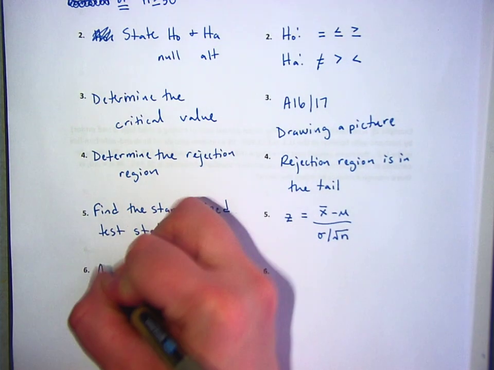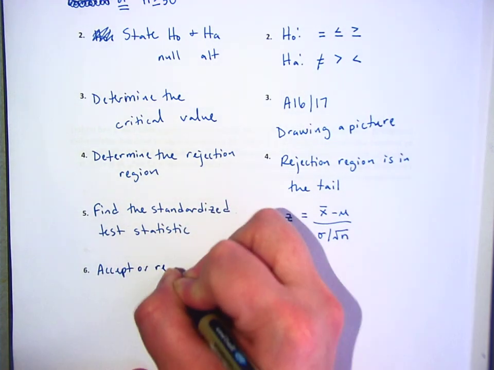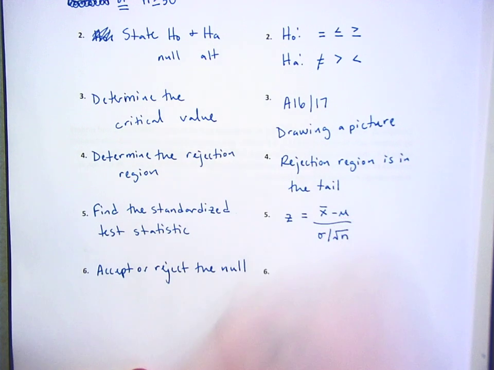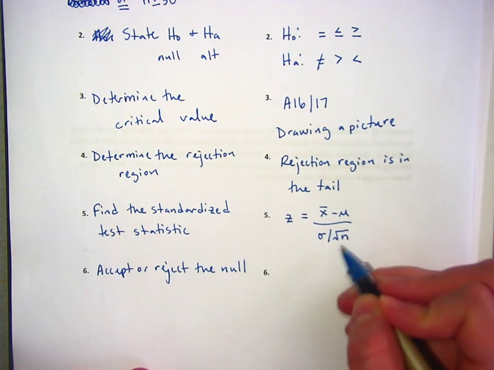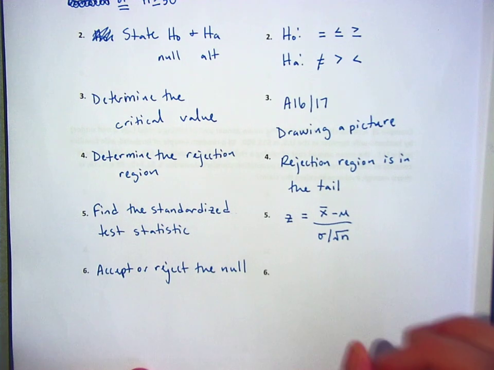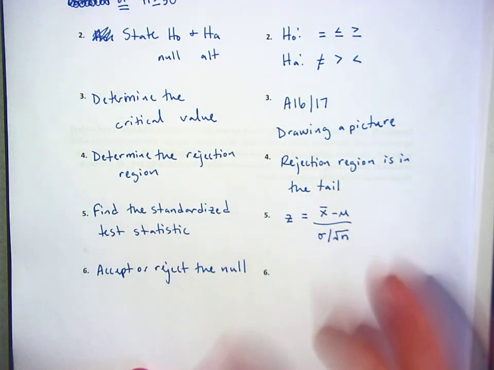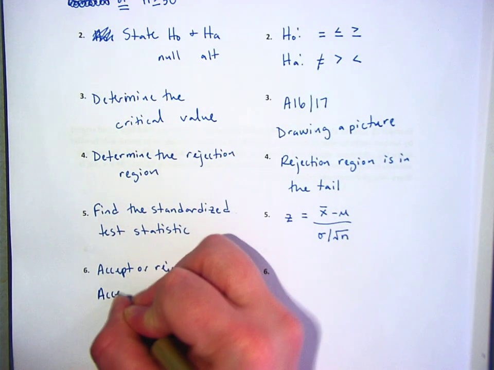Wait, it's sigma divided by the square root of n? Yep. This is the central limit theorem, how it changes. Then accept or reject the null, and then finally accept or reject the claim.